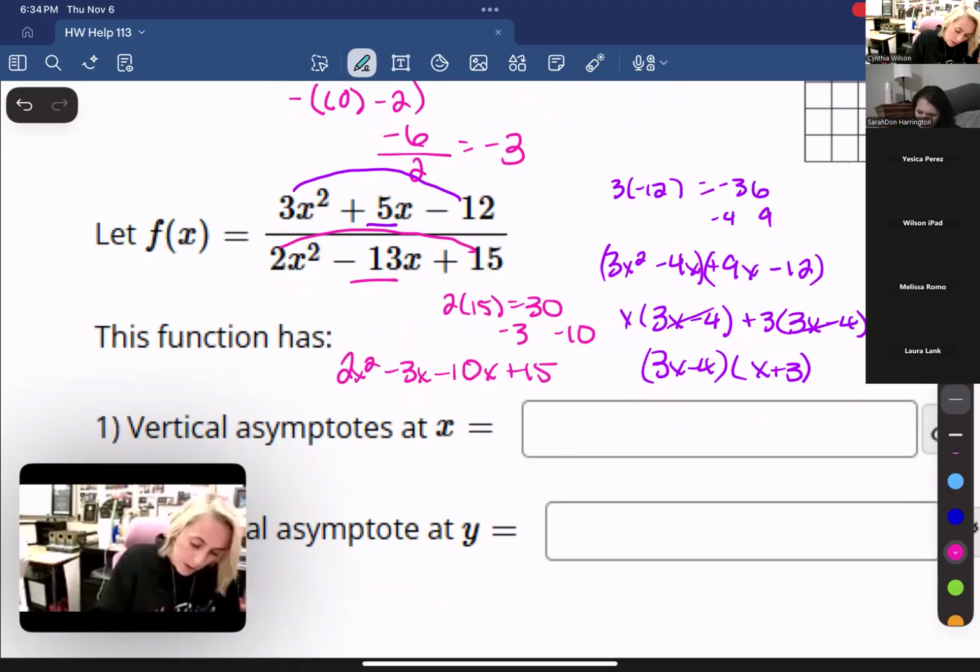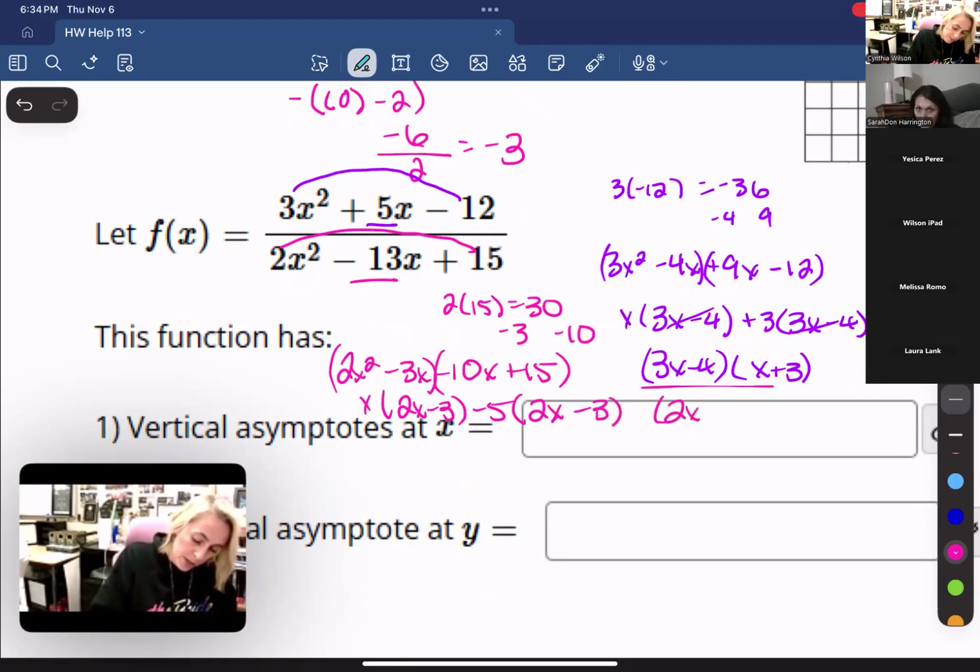That's fine. Group the first two and last two. GCF of the first group is an x. Second group is a minus 5. So I've got a 2x minus 3 and an x minus 5.